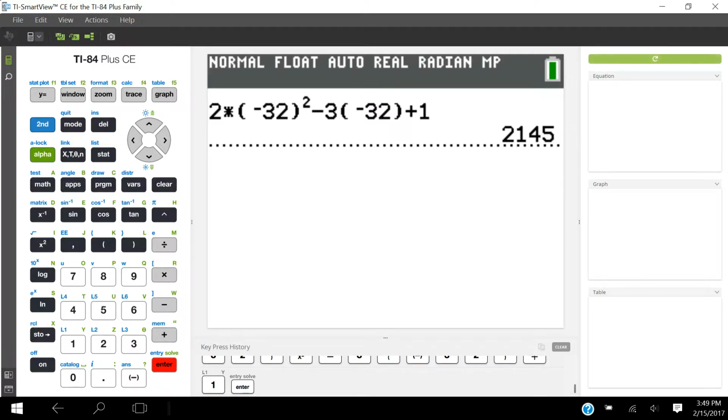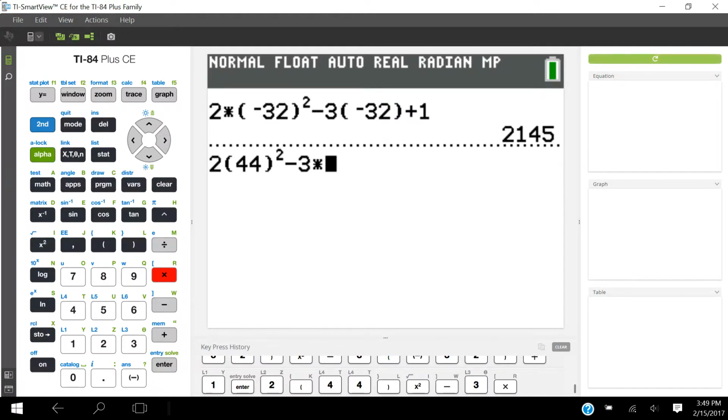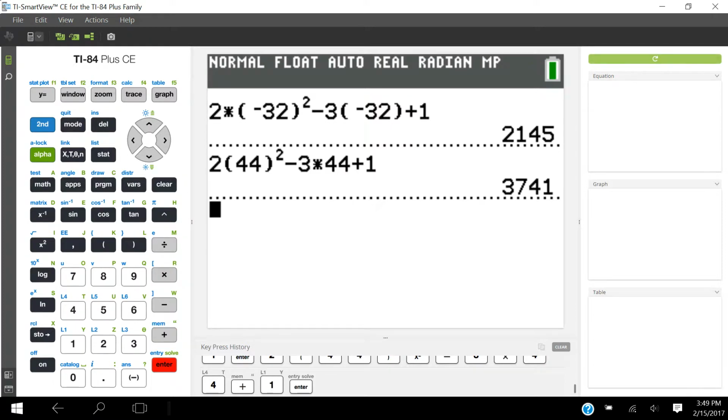And then my last one is going to be 2 times 44 squared minus 3 times 44 plus 1. That's 3,741.